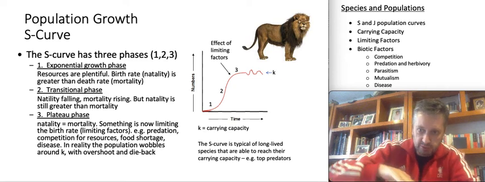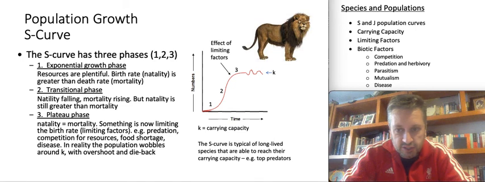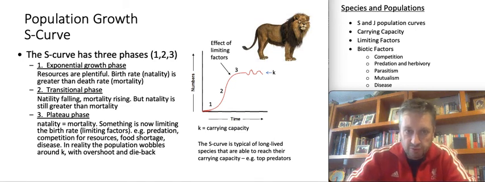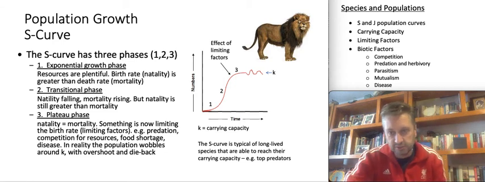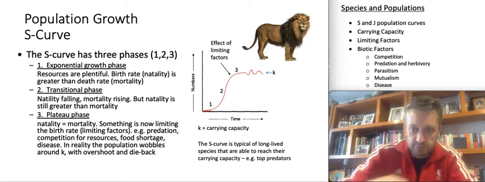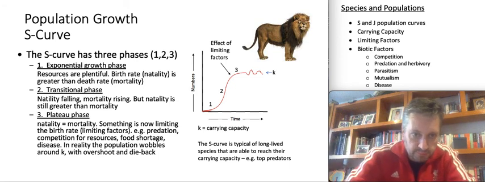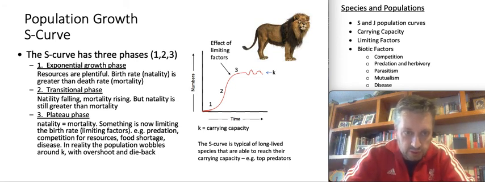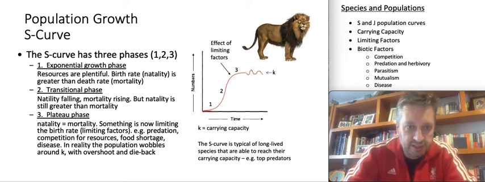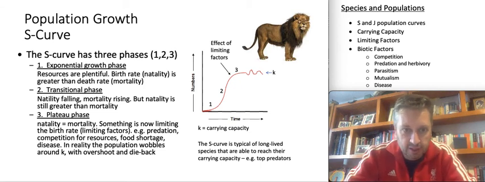The S-shaped curve itself has three phases, three parts. The first part is the exponential growth phase, where birth rate is very high and death rate is fairly low. So therefore we have an exponential increase. Part two, the transitional phase, where birth rate, which I've called here natality, same thing, is still going up but less than before.